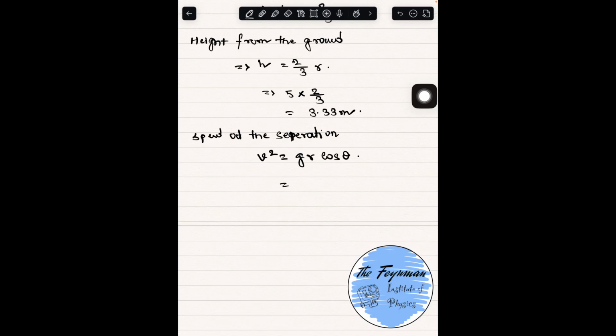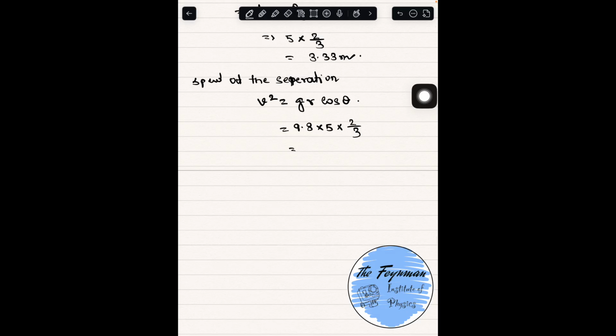So g is equal to 9.8, r is equal to 5, cos theta is equal to 2 by 3. So we can write 32.67. That means v is equal to 5.7 meter per second.